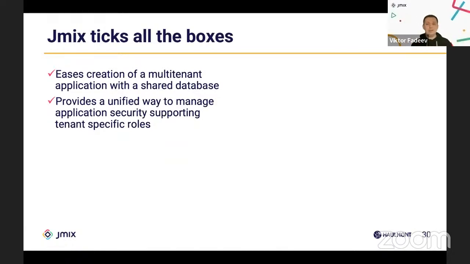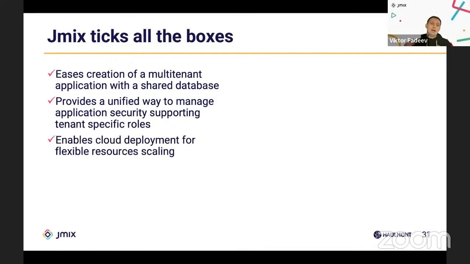You get it by making several simple steps. And most of these primary steps are shown in our Jmix documentation. You can find it on our website at docs.jmix.io, related to the multi-tenancy add-on.